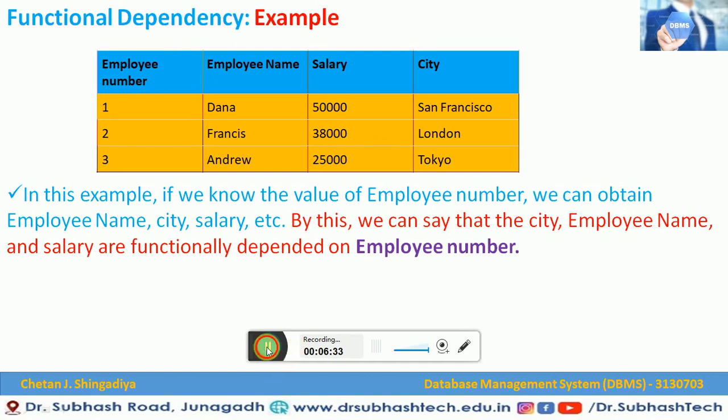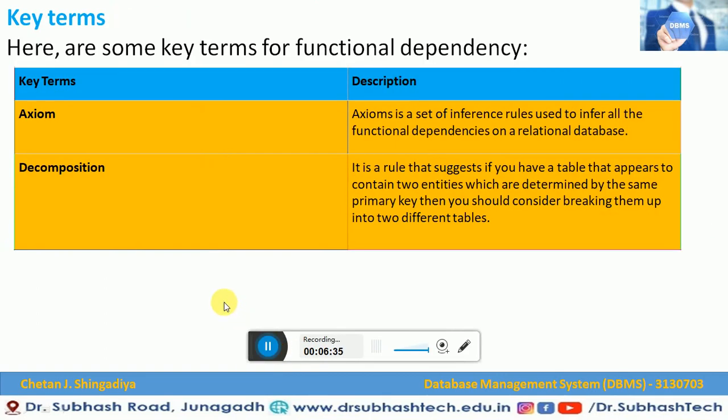The main important thing, first of all, is that we have to understand these are the basic inference rules. To conclude the functional dependency, or to get some important information from it, we should use these inference rules. It is a type of assertion.